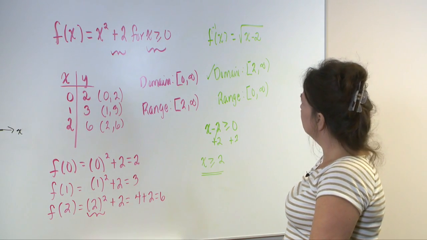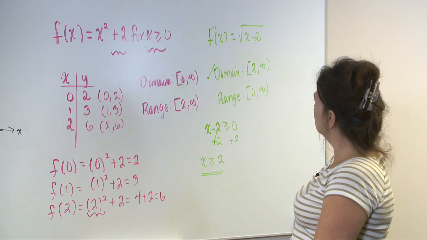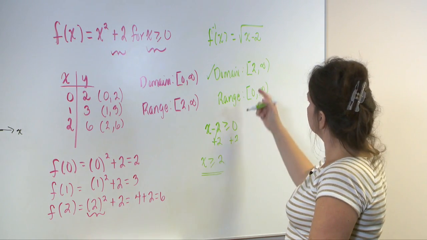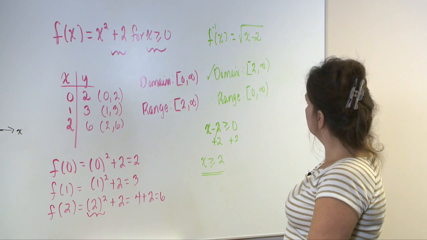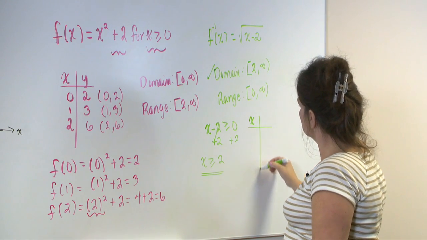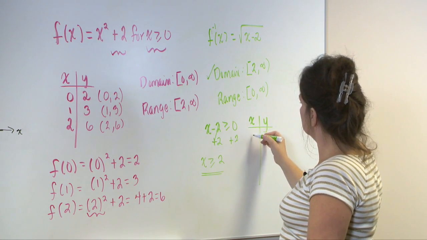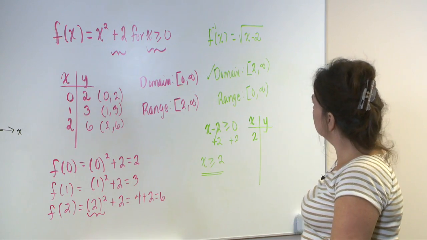The next thing I'd like to do is to look at this function and make a table of values. The values that I can choose are 2 to infinity. So if I'm making a table of values, I'll select 2 to begin, and I'll do a function evaluation.